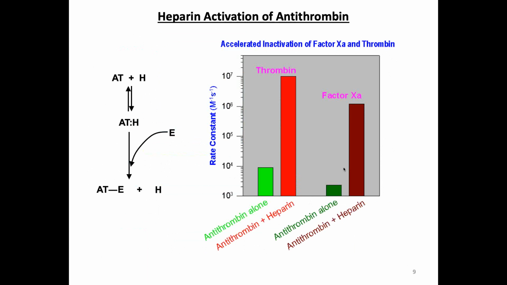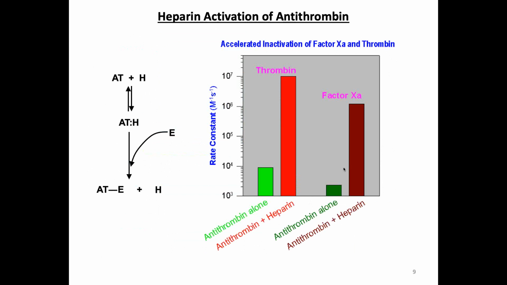So one of the ways to visualize this and to see the magnitude of the activation is this particular slide. This is the fundamental reaction of how antithrombin inhibits the target enzyme. By E, I simply mean target enzyme. That could be either thrombin, or factor 10A, or factor 9A.